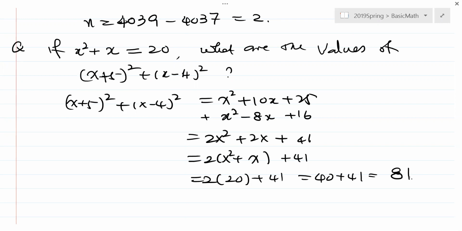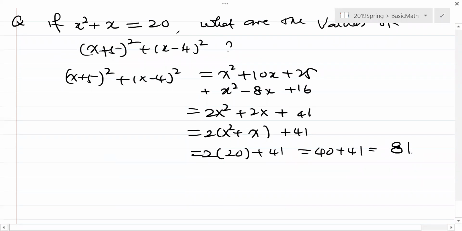I did 4 minus 5. Yeah. If x squared plus x is 20, that does make sense. I could have got it like that.